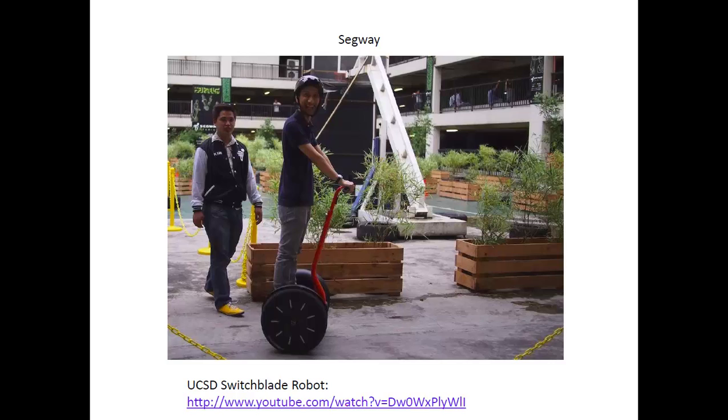So if you don't know what this is, you stand on it, you lean, and it keeps you up. Keeps you up even though you're just leaning. But when it's on, it moves to keep you balanced, and of course lets you lean and steer, and that'll be a mode of transportation.